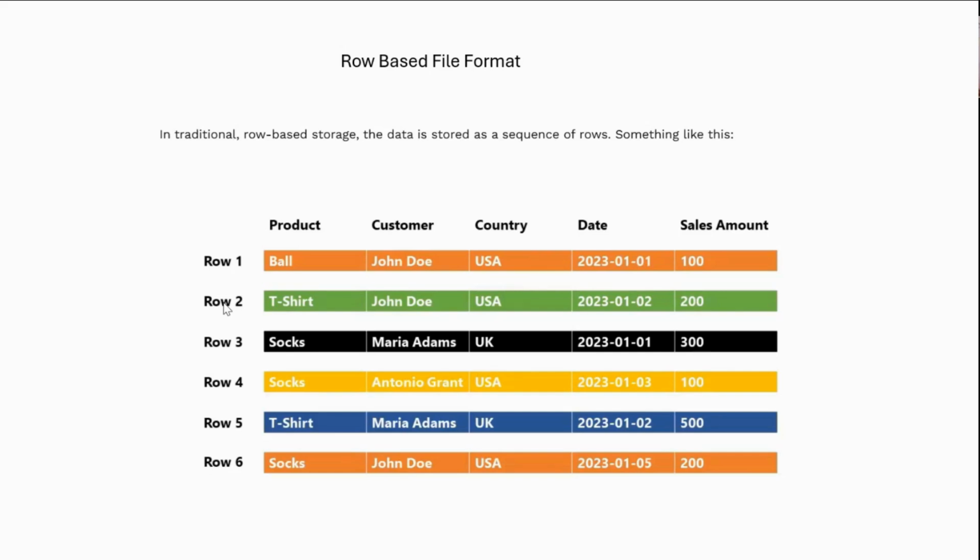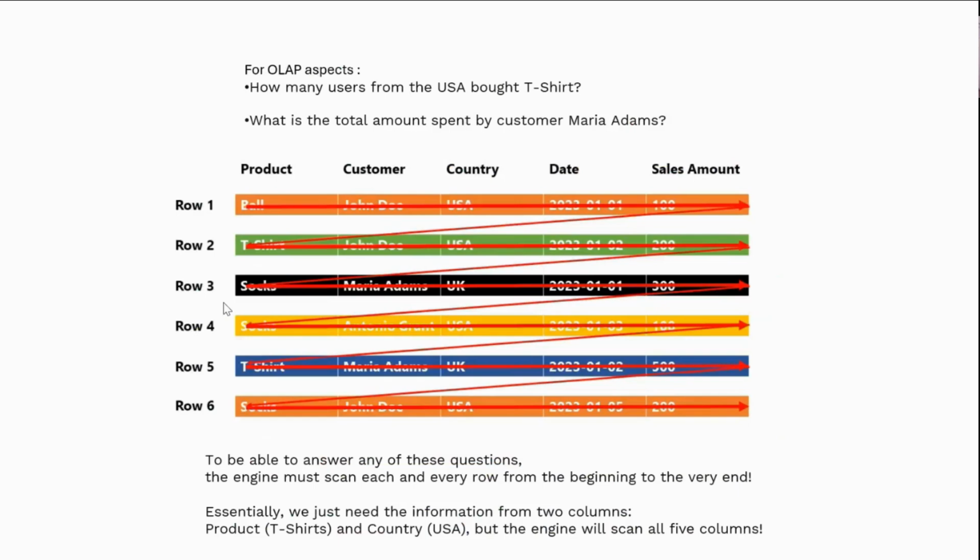Now, imagine that I have a requirement wherein I get a question: how many users from USA have bought a t-shirt, or what is the total amount spent by customer Maria Adams. So these are analytical aspects.